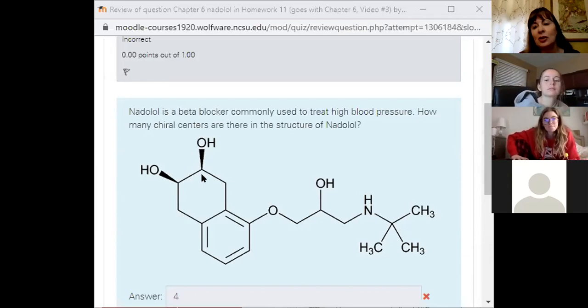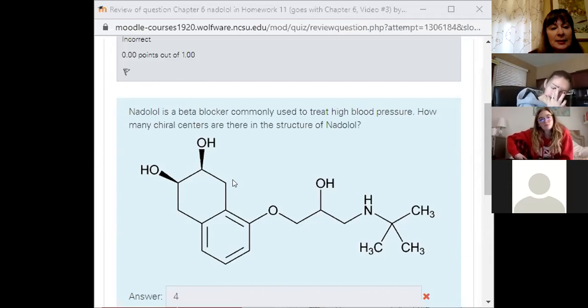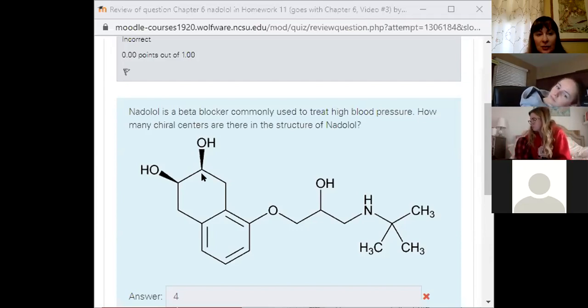What is it that is not being shown? A hydrogen. So there's hydrogen and there's OH. On this side, there's a CH2. On this side, there's a carbon that is bonded to oxygen. Is that carbon that I'm pointing to right now, Kyle, a stereocenter? Yes. Okay, that is a chiral center.